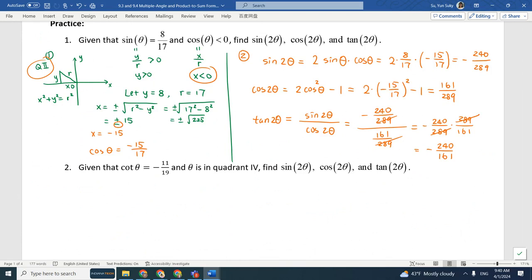Oh, because theta is over in the quadrant. If you go like this, yeah. So this makes sense. Yes, that makes sense.